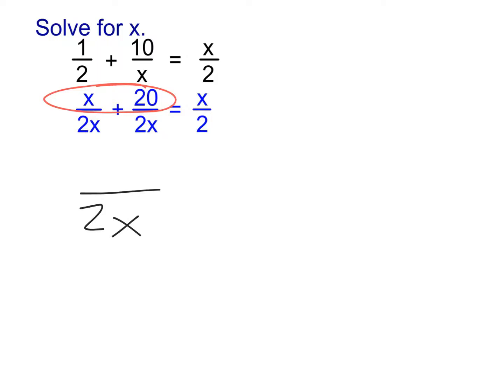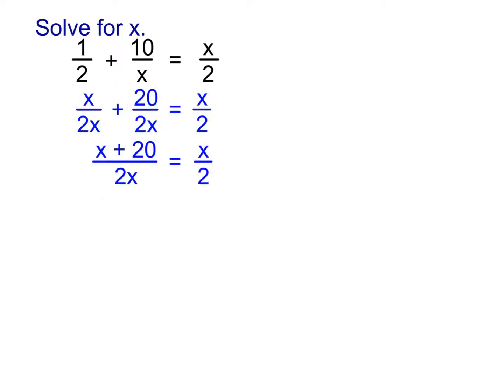Well, are they like terms? No. Because the x has an x in it, and the 20 does not have an x in it. Therefore, I cannot add them. The best I can do is just to write that the top is x plus 20. If you write 20x, what you're actually saying is 20 times x, not 20 plus x.